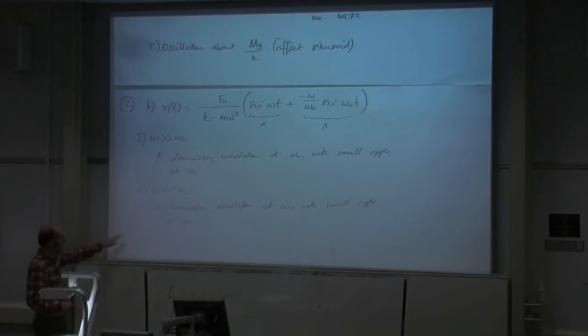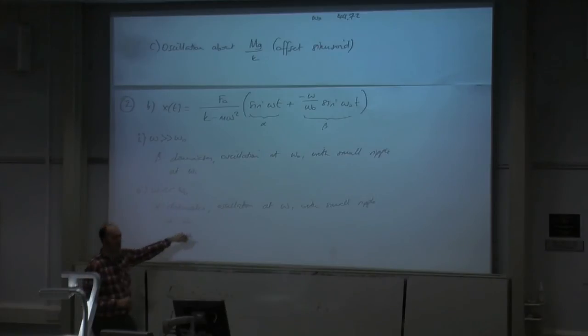But when it's much, much smaller than omega naught, you get your forcing function being the dominant thing with a small ripple at omega naught.